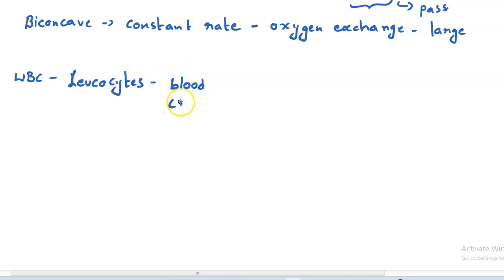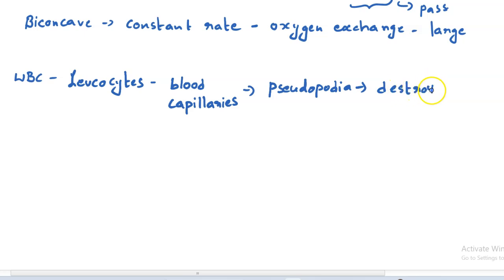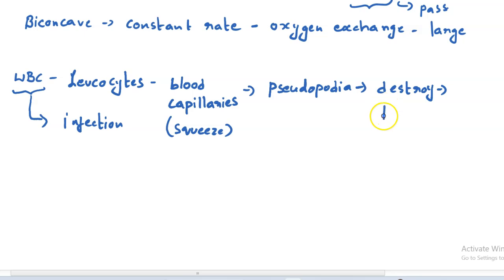That is, they squeeze through the blood capillaries. In the amoeboid shape, we find the presence of pseudopodia. With the help of these pseudopodia, WBCs are able to engulf and destroy the pathogens. Hence, due to this amoeboid shape, WBCs can reach the site of infection easily. They can squeeze through the blood capillaries, reach the site of infection, and destroy the pathogen.